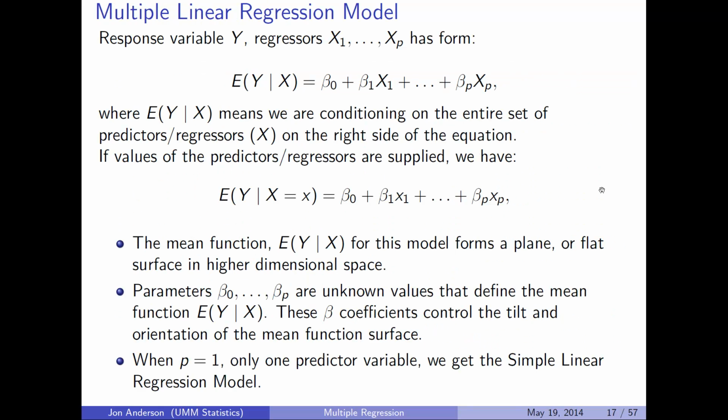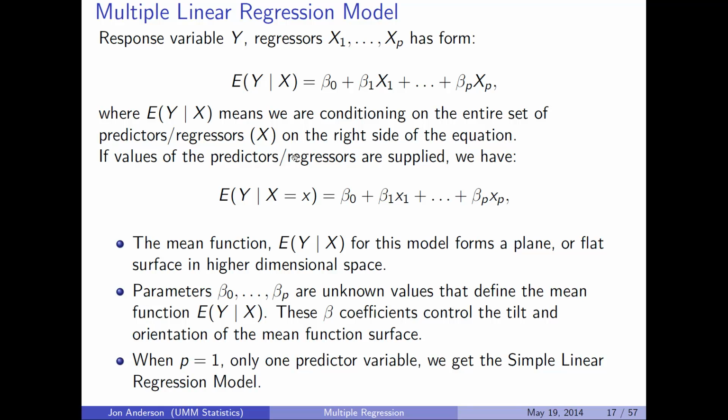And now we get to the multiple linear regression model. When we have predictor pieces of information x1 to xp, the multiple regression model has a mean function, an average or expected value of y given a predictor set x, that is this nice linear function of beta parameters and predictor variables.